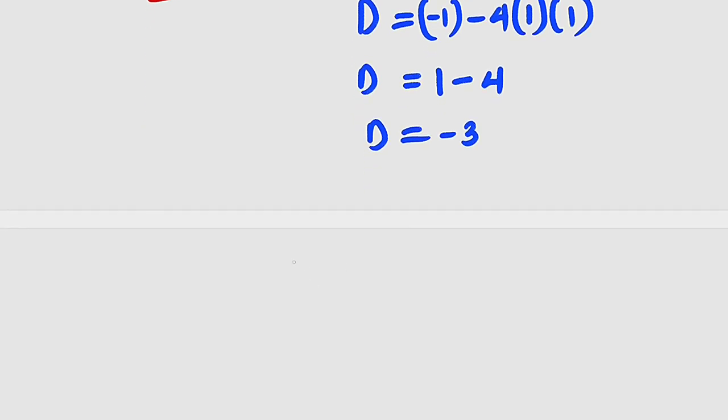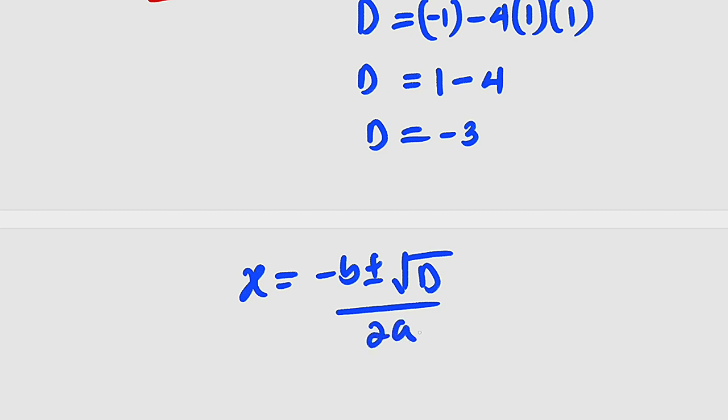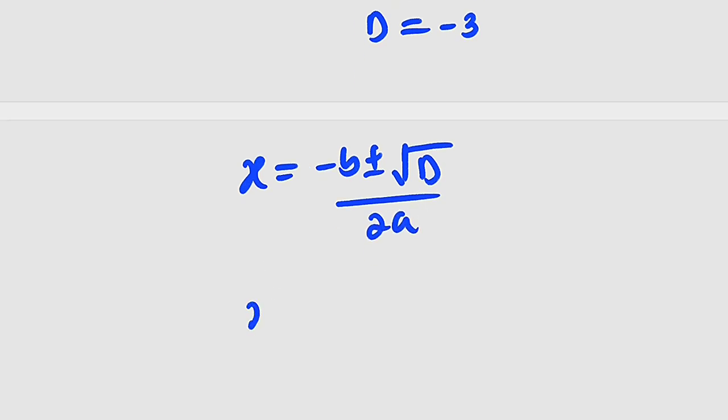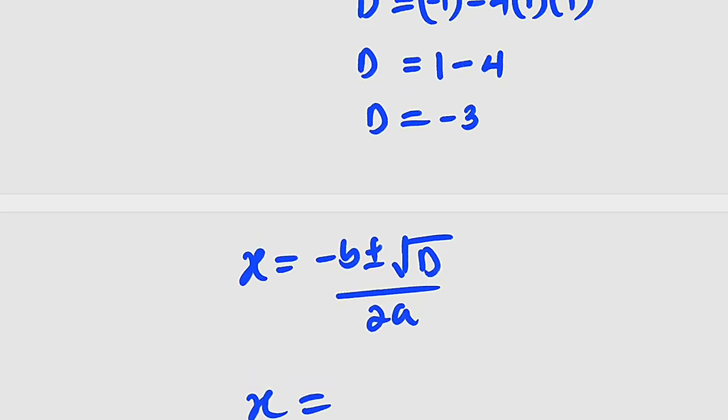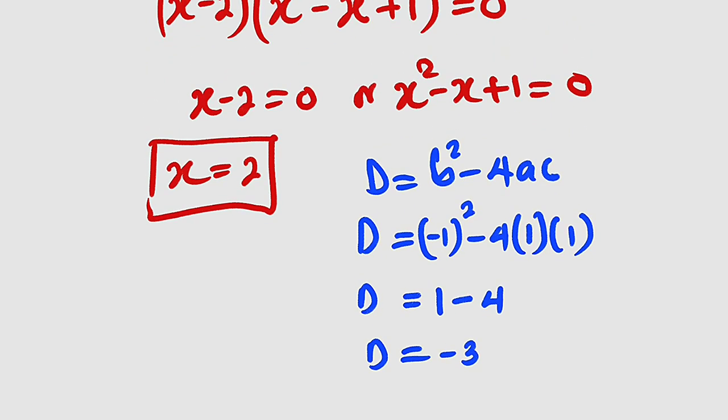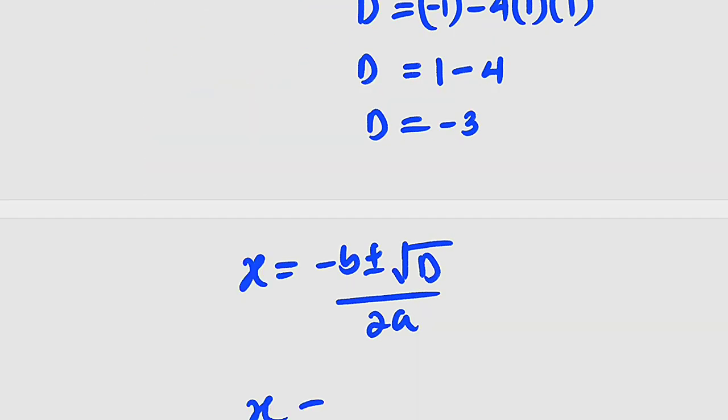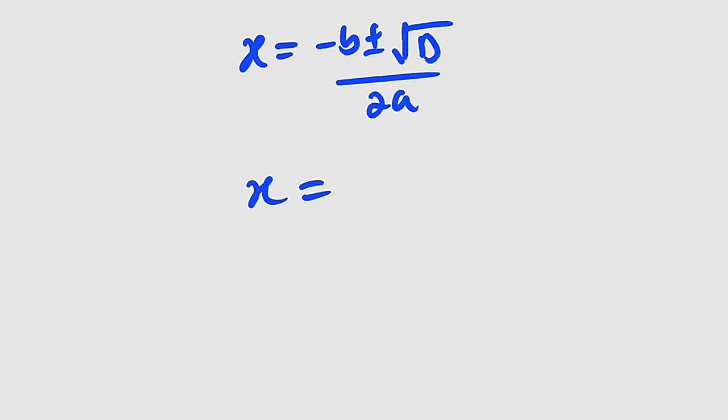So now let us apply the formula. x will be equal to -b plus or minus the square root of D, divided by 2a. x is now equal to -b. Remember that b is -1, so -b will give us +1.